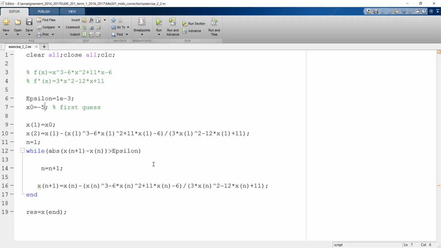But the Newton method is more adequate when you have nonlinear functions or nonlinear equations to solve, but it will not give you all the roots, and it is conditioned by the first guess. Okay, thank you.